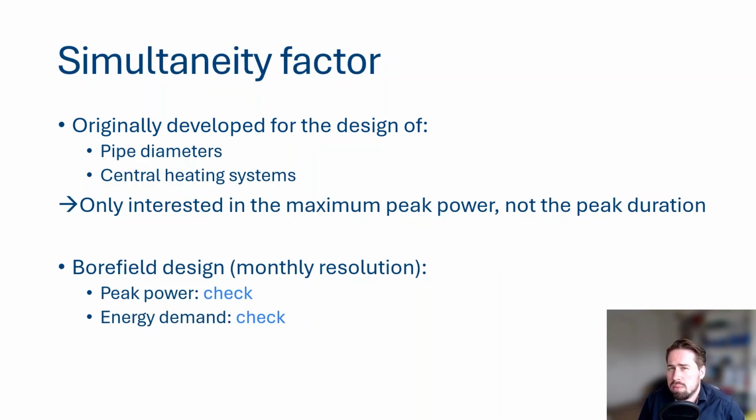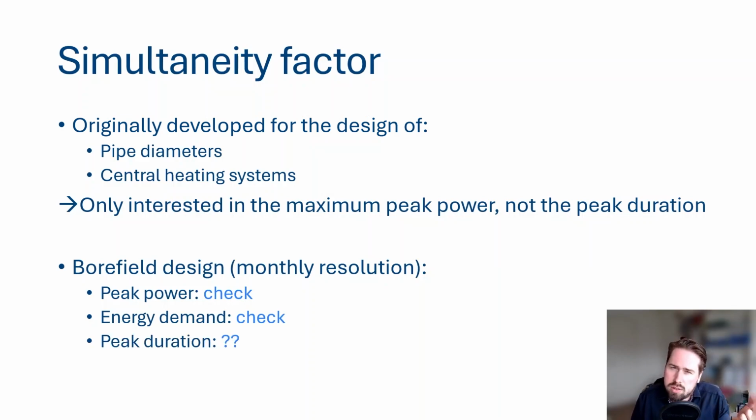Second thing is the energy demand, because we need to be able to calculate the imbalance. And this we also have because it's just the summation of all the different energy demands of our units. And by using the simultaneity factor, we're not decreasing the energy demand, because that's a given. We're just calculating what the resulting peak power of our total collective system will be. So energy demand we also have.